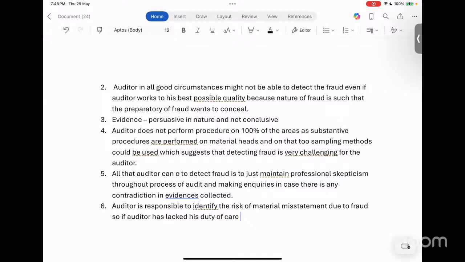So it's the auditor's duty of care to actually do the testing and conduct the procedures. So if the auditor has lacked his duty of care to perform substantive procedures on a risky or material area, then yes, up to a certain extent, the auditor is responsible for the fraud.